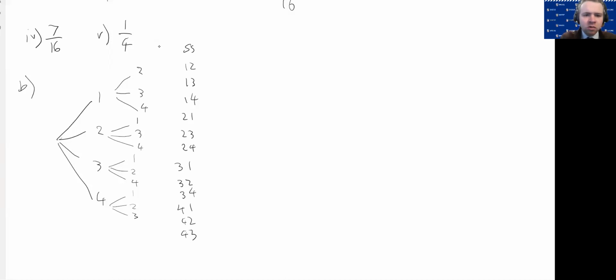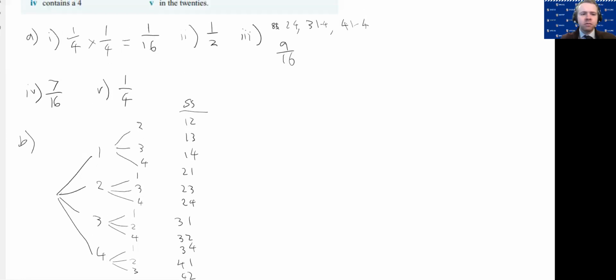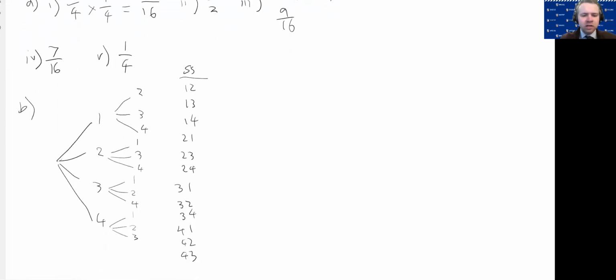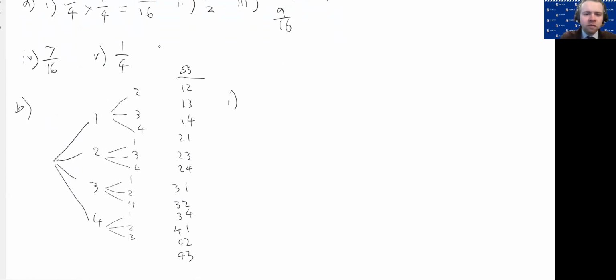So we've got 1, 2, 3, 4, 5, 6, 7, 8, 9, 10, 11, 12 options here. 12 options in total. Okay, so find the probability the number formed is 31. It's going to be 1 out of 12.